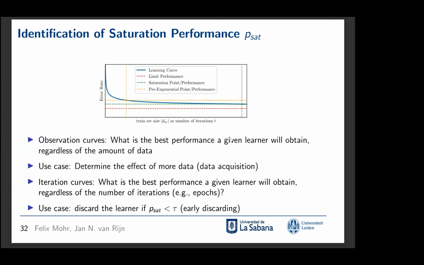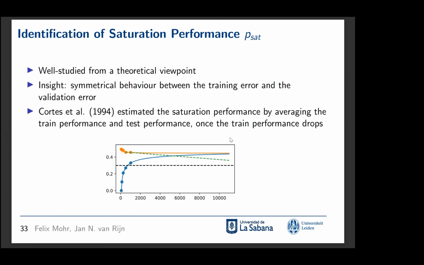How much data do I want to sample in this case? And in iteration-based learning curves, the question is how many epochs do I want to invest into this problem? And this is actually a very interesting problem studied also from a theoretical perspective, because these curves converge quite in a nice way.